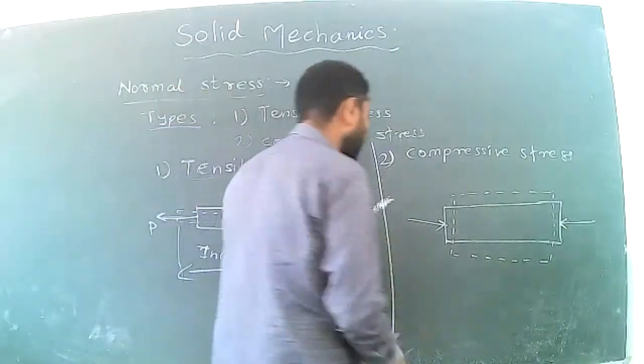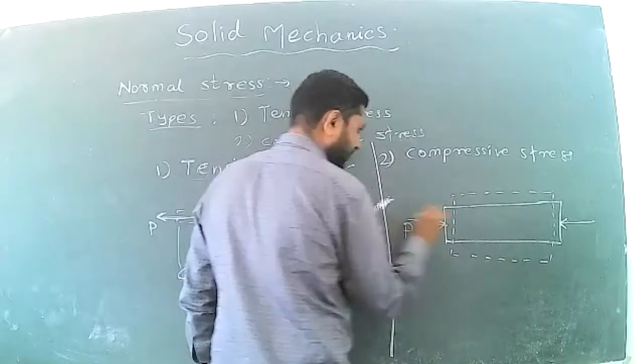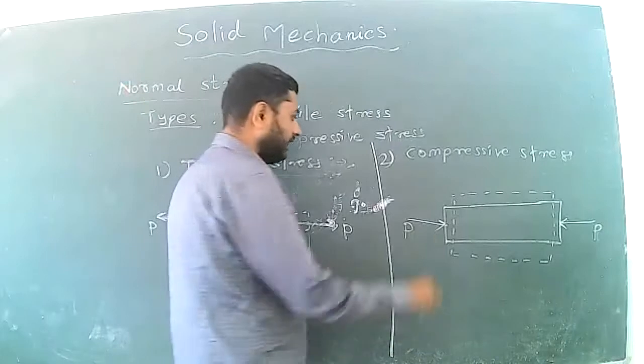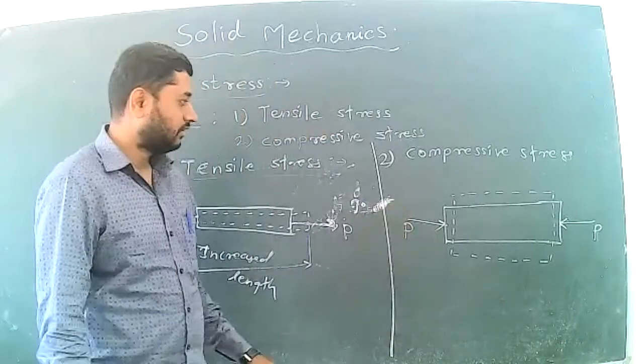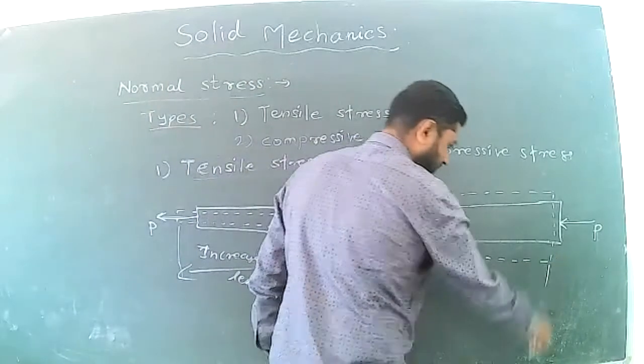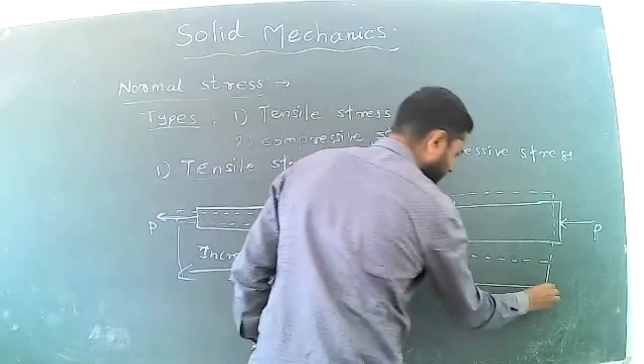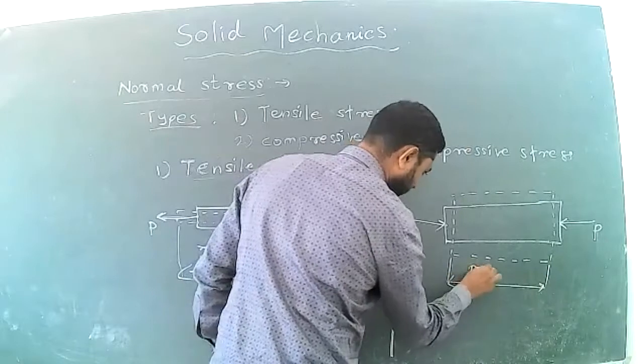Suppose a load P is applied to the body. In that case, the length of the component is decreased. This is the decreased length.